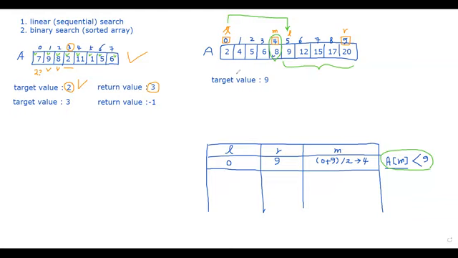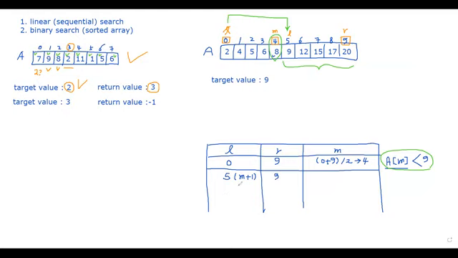So in the table, I can write this time left is 5. We get this from mid plus 1. And R stays the same.